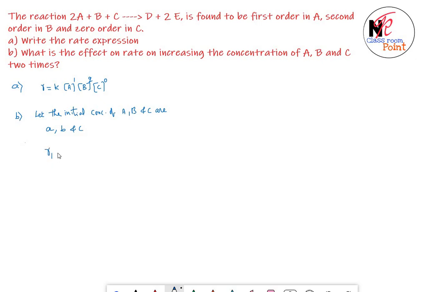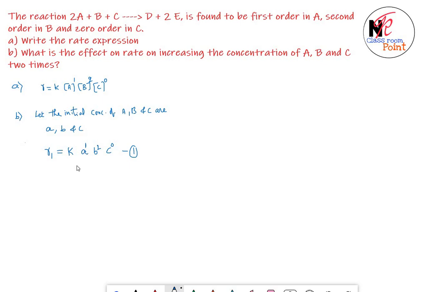Let the initial rate be R1, because we have to compare with the rate after increasing the concentration, the second rate. So R1 equals K into a power 1, b power 2 and c power 0, equation number 1.